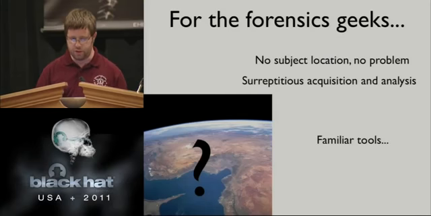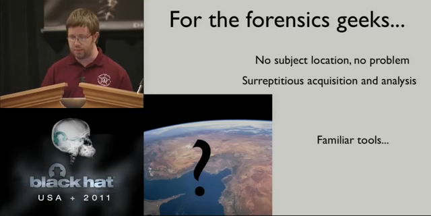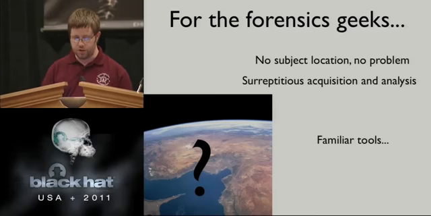So for the forensics geeks, the whole point of this talk is the covert and remote aspect of doing this forensics. Doing this remotely and covertly may mean that if we don't have the suspect's location, or the subject of the investigation's location, it may not necessarily be a problem anymore.